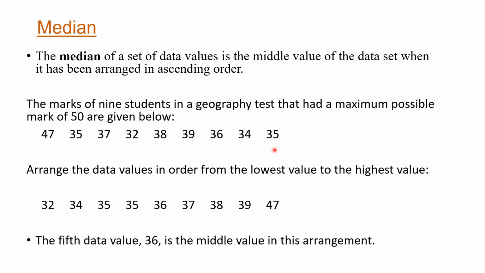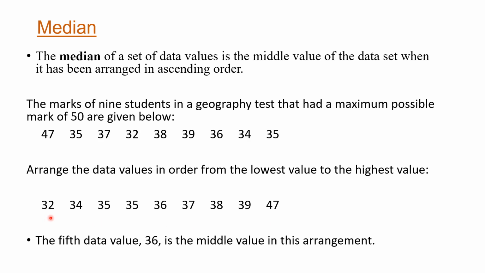First, we have to arrange them in ascending order. When we arrange them in ascending order, we get: 32, 34, 35, 35, 36, 37, 38, 39, 47. Next, we have to see the middle value, that means the exact middle number.